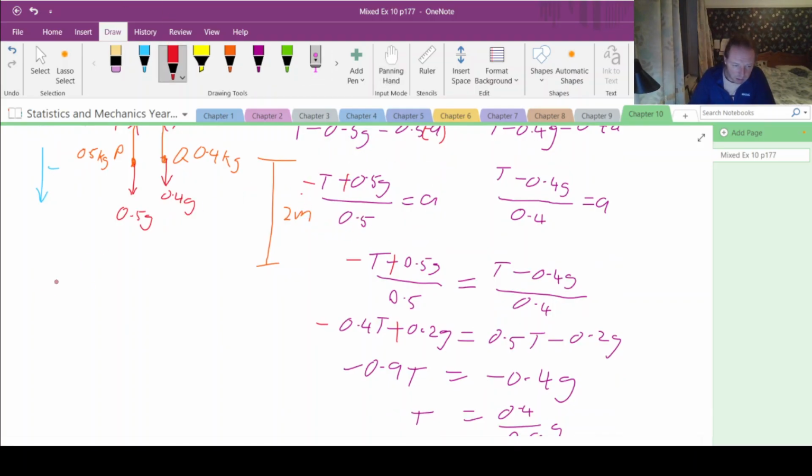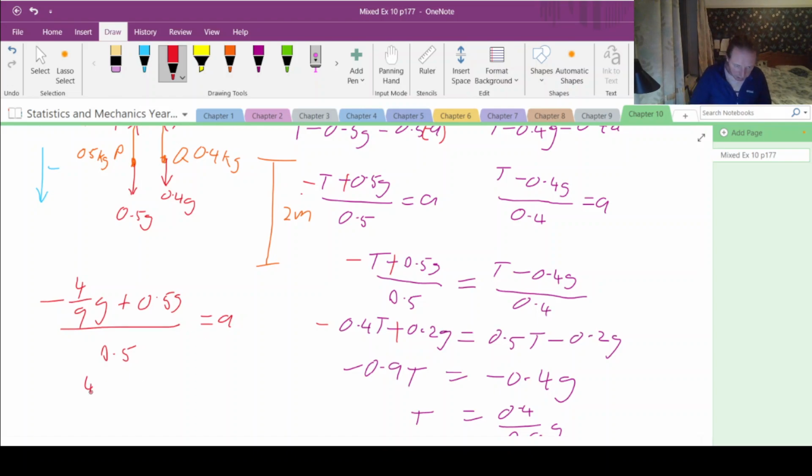Okay, and so I'm going to put in minus the tension, which is 4 over 9 G, plus 0.5 G all over 0.5 is equal to A. And so minus 4 over 9 times 9.8 plus 0.5 times 9.8, divided by 0.5, we get 49 over 45.